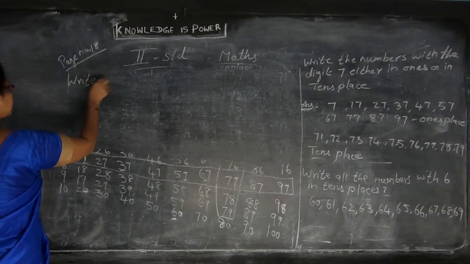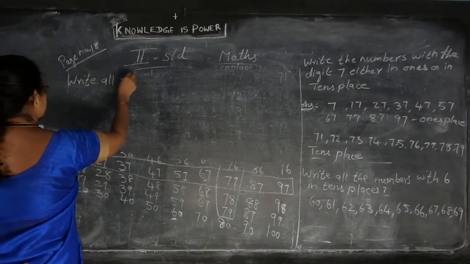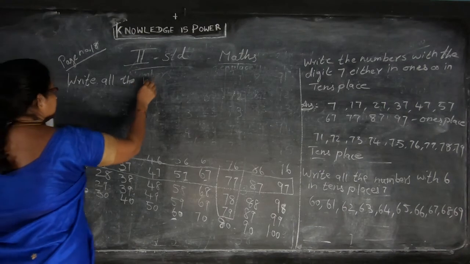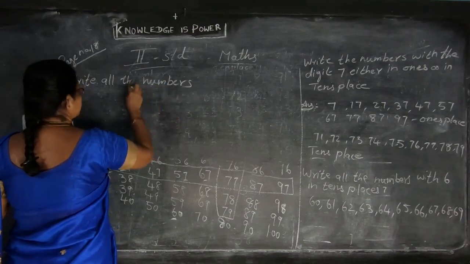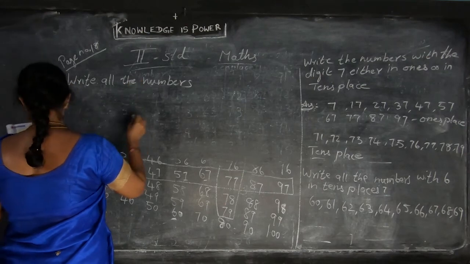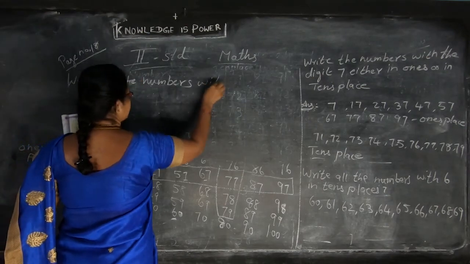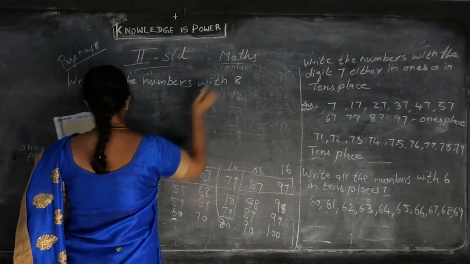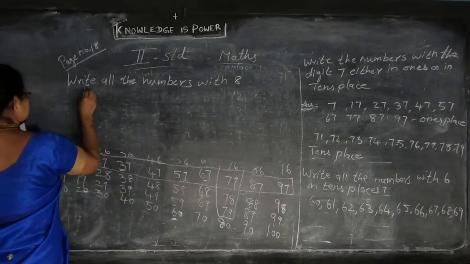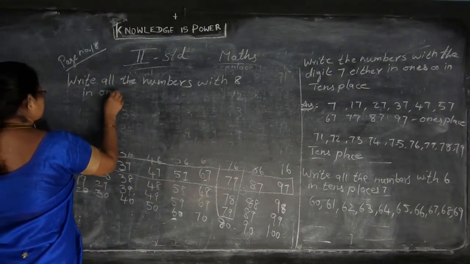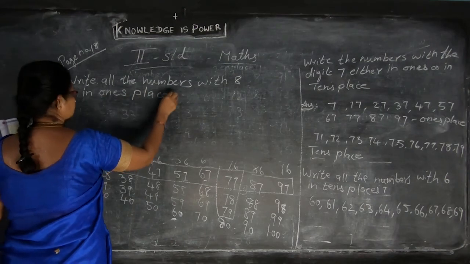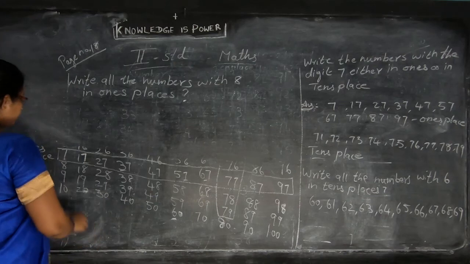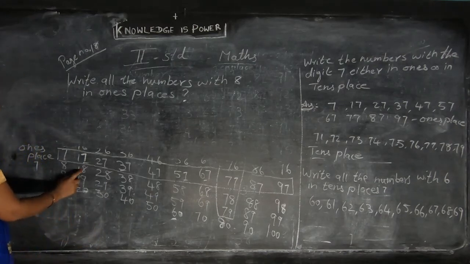Write all the numbers with 8 in ones place. Say 8, 18, 28.